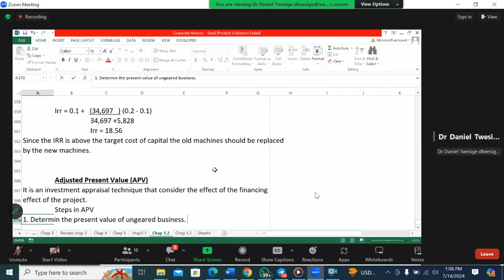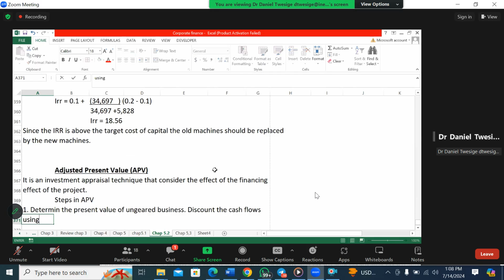Now, what you need here, the cash flows may be the same, but what you need here is to discount the cash flows using the cost of equity of an all-equity business.